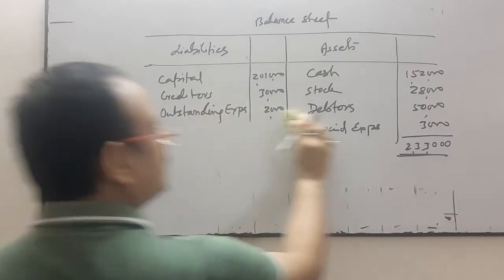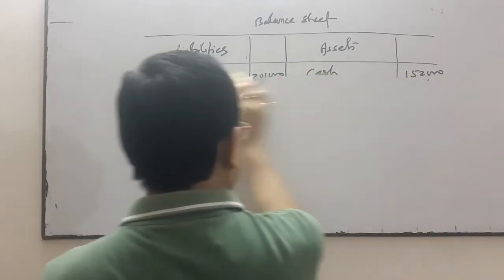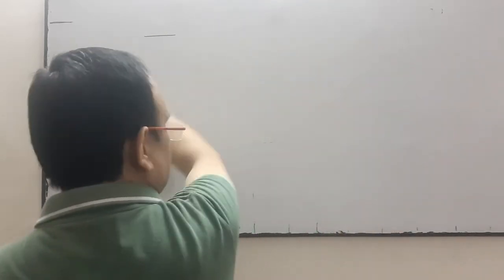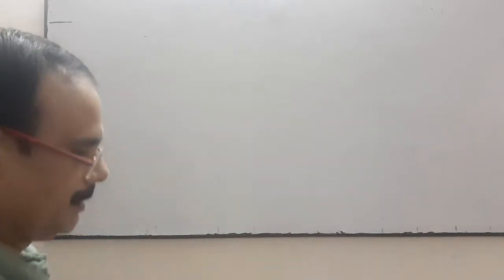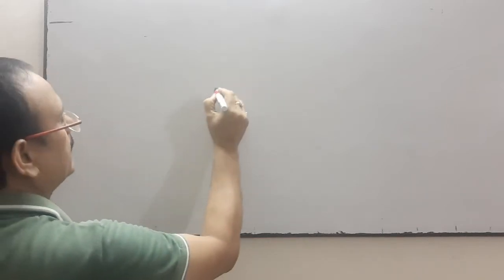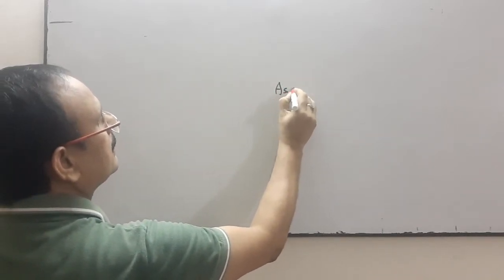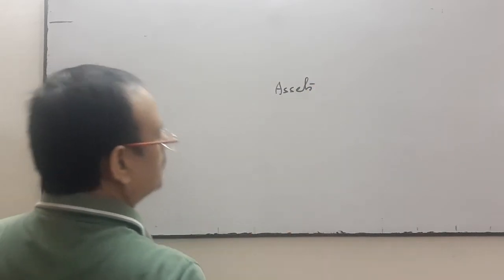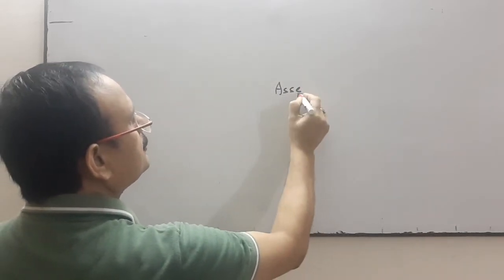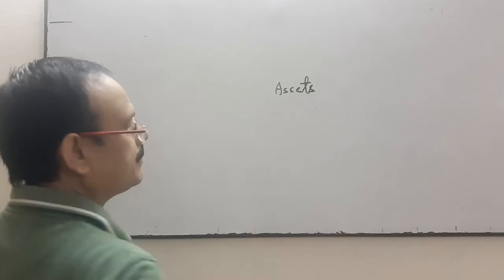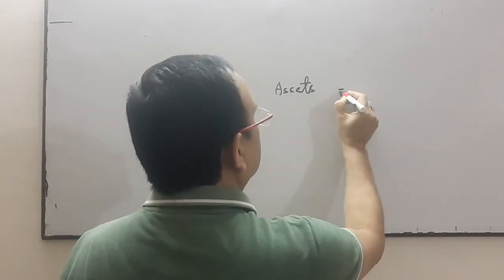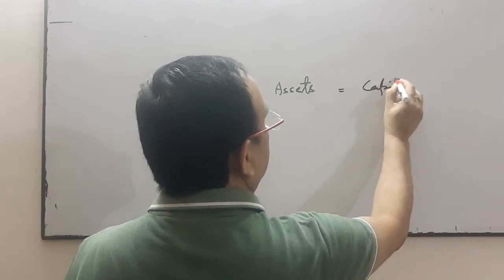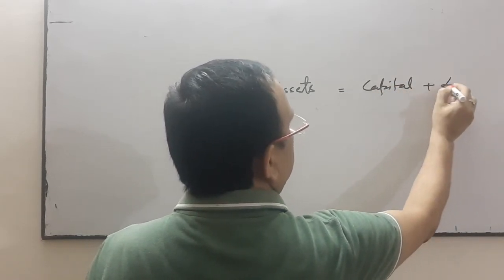So once again, I am going to explain briefly the accounting equation. As I said, the assets of the business must be equal to your capital plus liability.